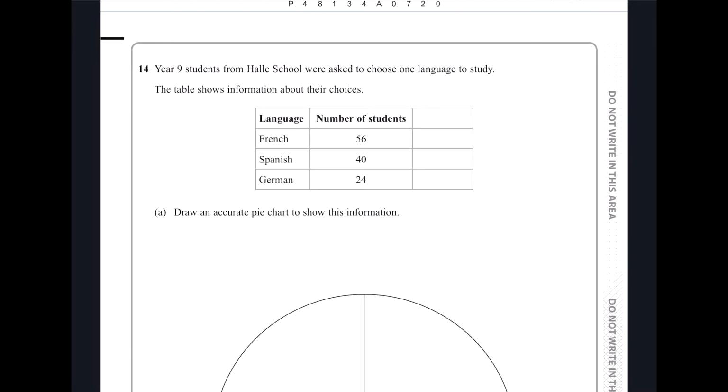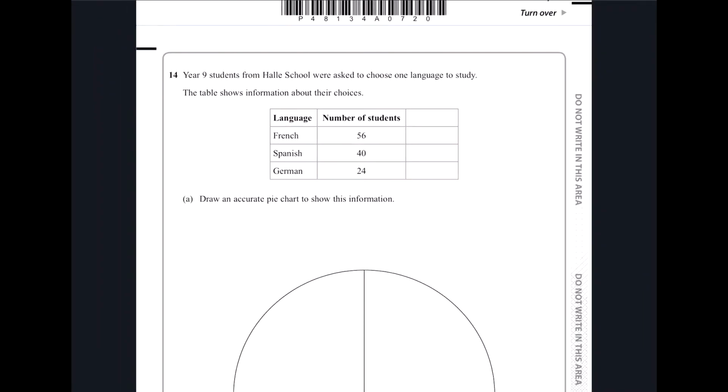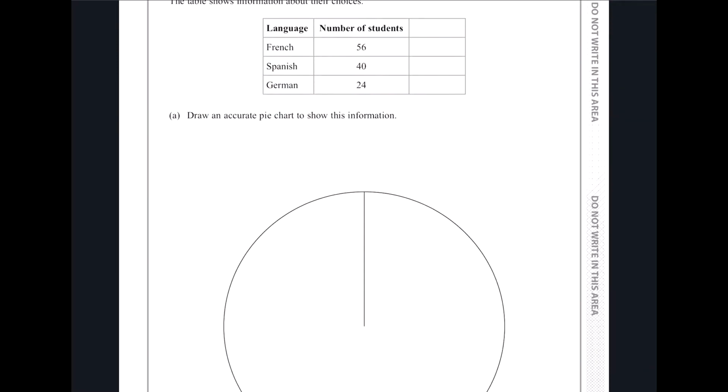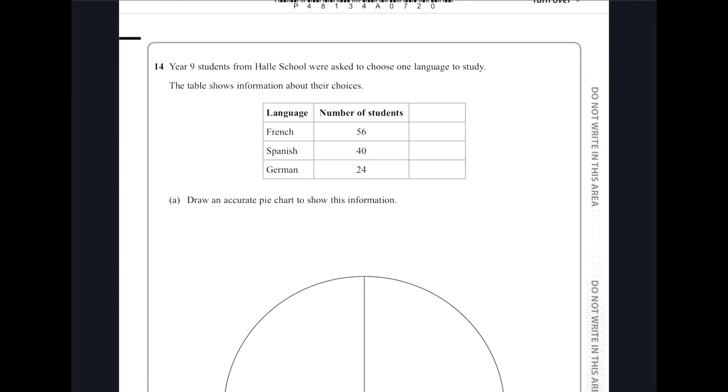Now, Year 9 students from a school choose one particular language. What I need to do is draw an accurate pie chart to represent this. Firstly, find the total. The total would be 56 plus 40, which is 96, and then plus 24, which gives 120. All the children in this study must fill up the pie chart.